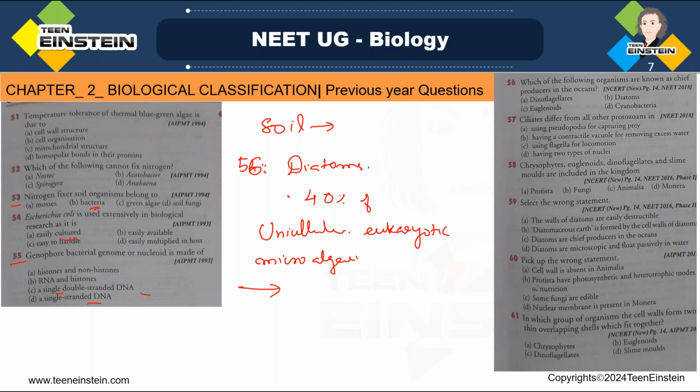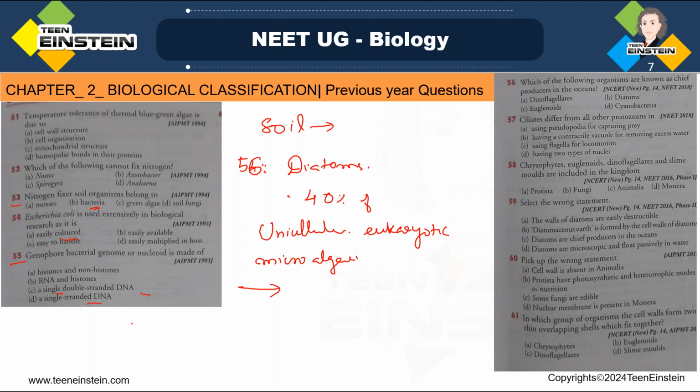Ciliates differ from all other protozoans in: options are using pseudopodia for capturing prey; option B having a contractile vacuole for removing excess water; option C using flagella for locomotion; option D having two types of nuclei. Right.